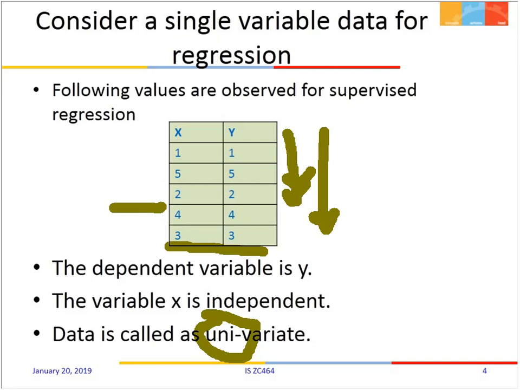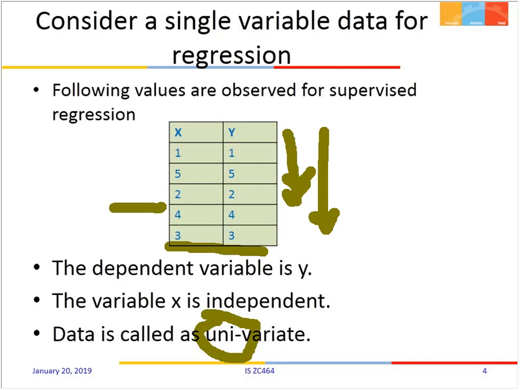And now if somebody wants to ask us what will be the value of y for a value of x as, let us say, 20, we are sure that this value is going to be simply 20 because we have established this relationship as y equals x.